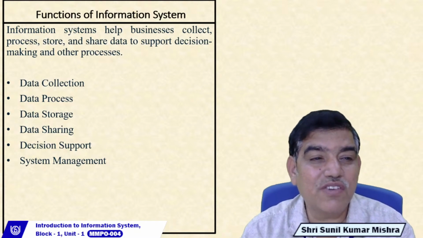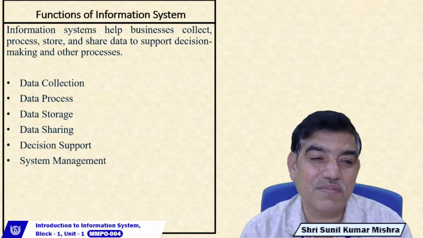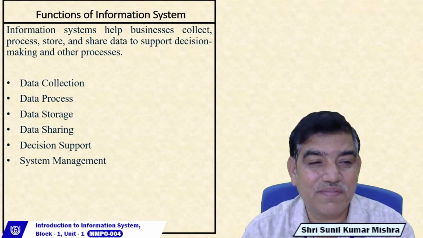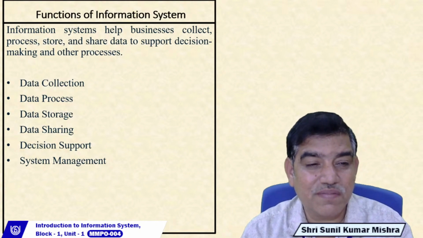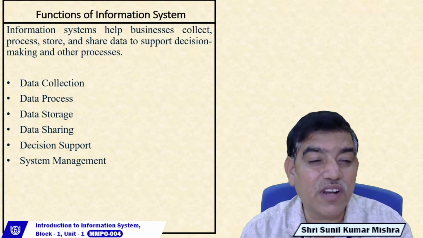The first part is data collection. We collect the data from different sources. Then we process the data. Then we store the data. Then after storing, we share the data, means distribute the data.